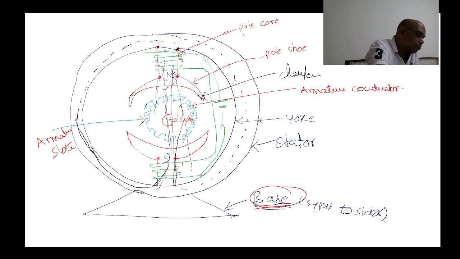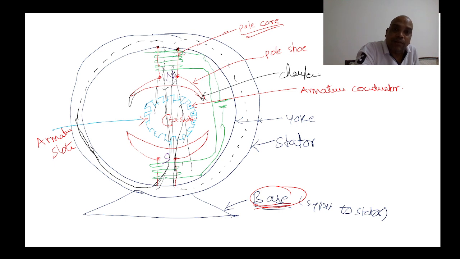And what is the function of the pole core? It gives support to the pole shoe and also provides accommodation for the field winding.